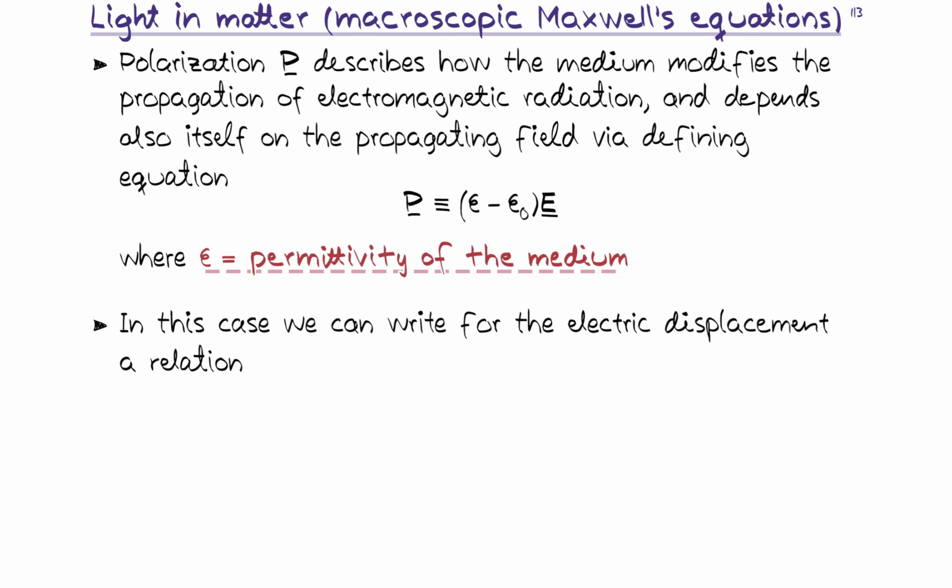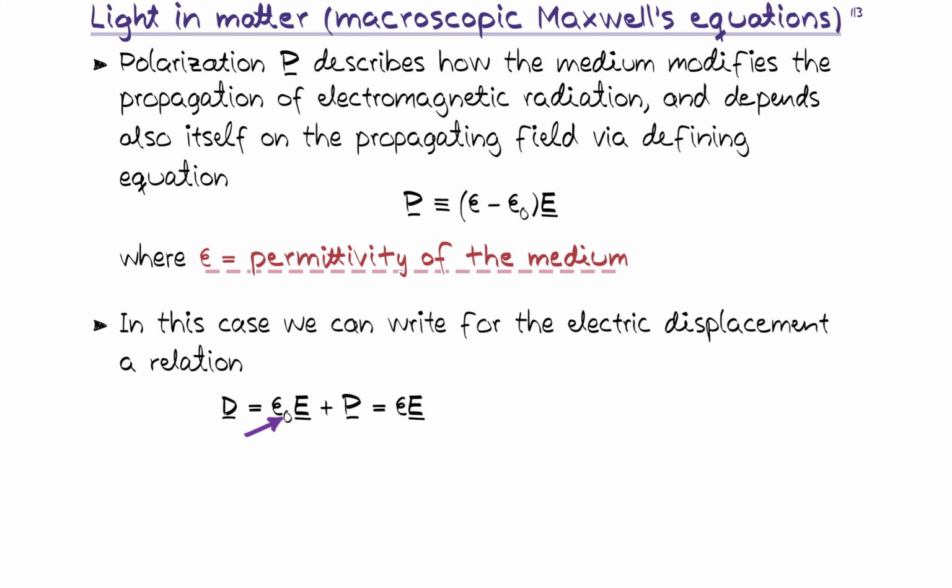And now if we have this definition for the polarization P, we can write the displacement field. We have epsilon naught times E plus P. This was the original equation we had for the electric displacement. And now we can insert into P what we just came up with earlier, and then we can write the displacement field simply as the permittivity times E. So basically we are plugging this into here.